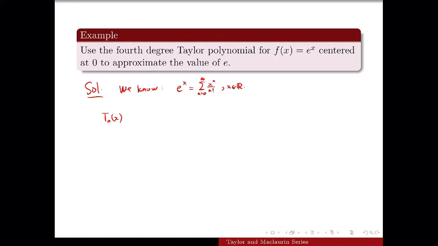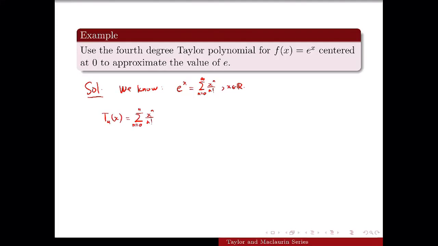In fact, we need T sub 4 because we need the fourth degree Taylor polynomial. So this is just the sum of x to the n over n factorial, n from 0 up to 4.